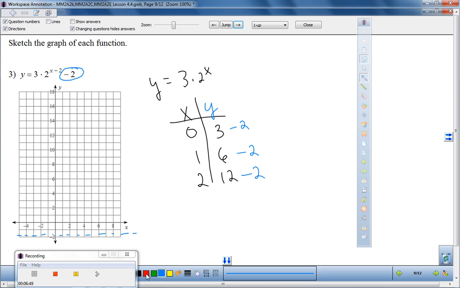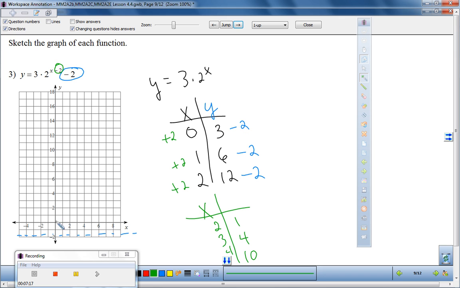Alright, now this right here is actually going to end up adding 2 to it. So we're going to move to the right. Alright, and so for our x's, we're going to end up with 2, 3, 4. Okay, and then we end up with 1, 4, and 10 for our y values.